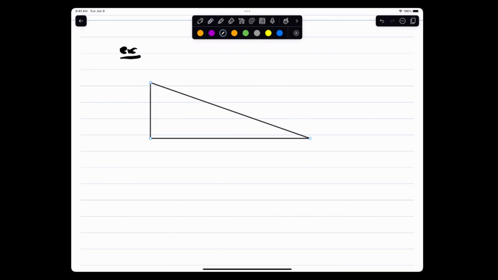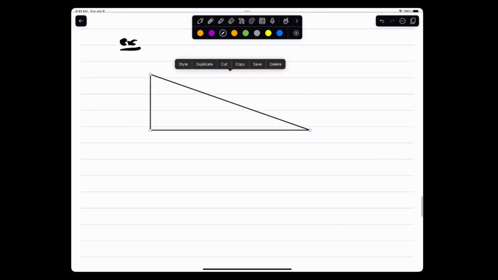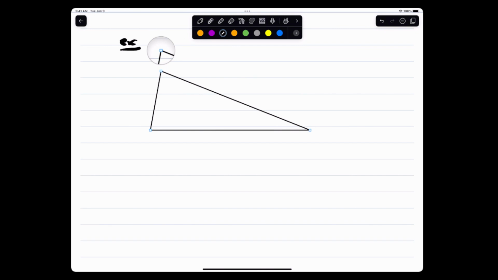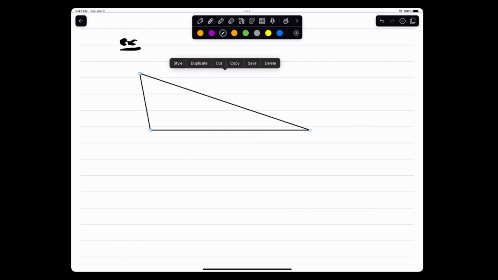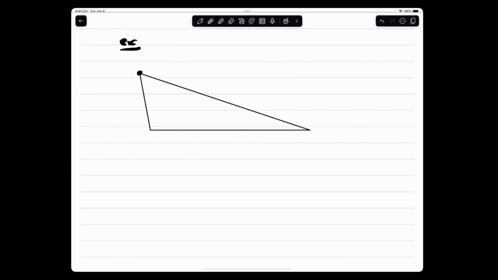That looks too much like a right triangle, but I think I could do, there we go. Okay. And I'm going to label these vertices, which are really going to be our angles. If this is labeled A, and this is labeled B, and this is C, this is 102 degrees.